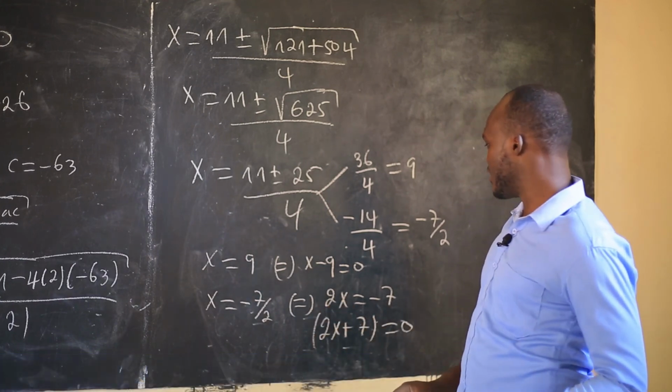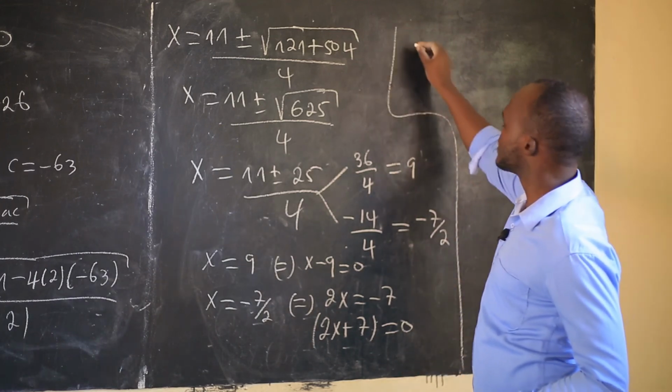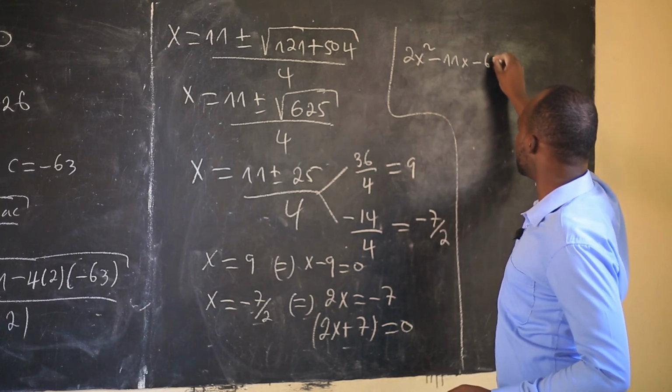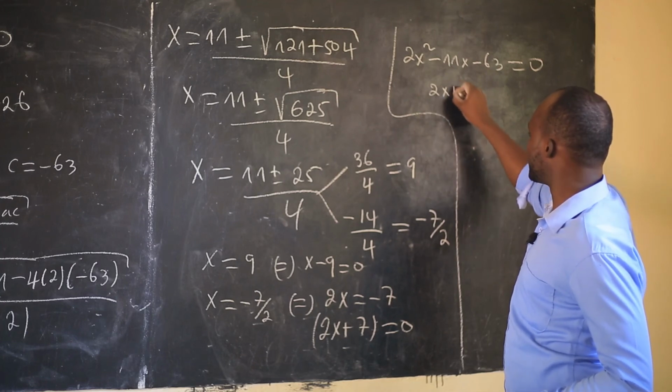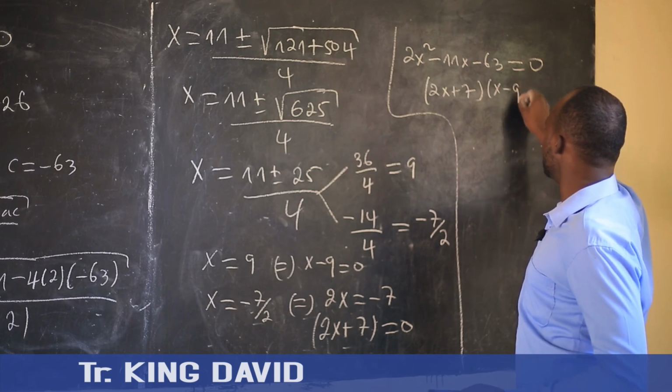So this is another factor. It means that 2x squared minus 11x minus 63 equal to 0 is the same as 2x plus 7 into bracket x minus 9 equal to 0.